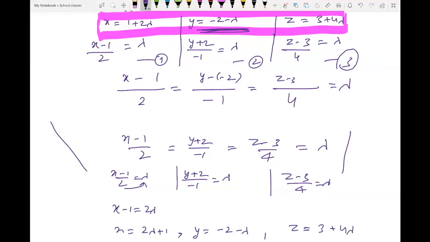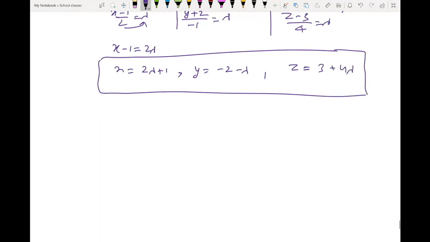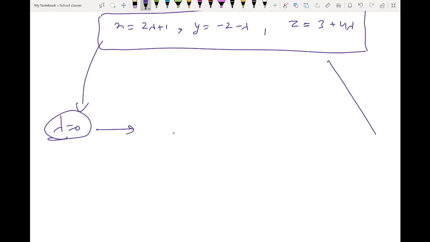Actually, what does this mean? This can be any general point lying on the given line. From this, you can find many points lying on the line. You can take different values of lambda, you'll get different points. Let's say I'm taking lambda as 0. You will get a point x equals 1, y equals minus 2, and z equals 3. This is one of the points lying on the line.